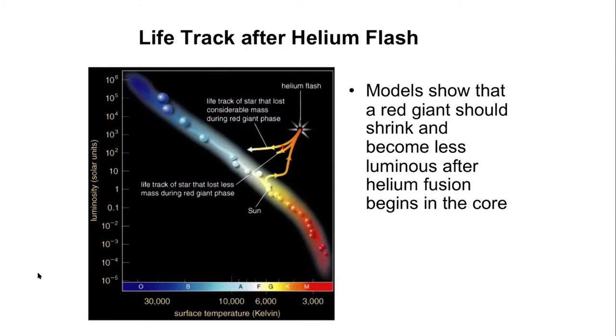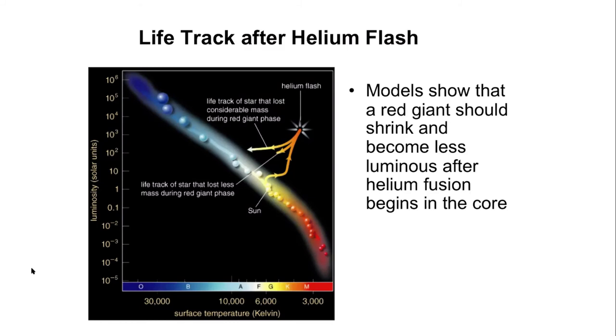Exactly where it moves down into the left will depend on a lot of things, like how much mass is lost in this process and how much heavy element is in the surface to lose that mass. It's a complicated process, but it will end up usually somewhere over here above where it started from on the main sequence, but significantly less luminous and hotter than it was at the tip of the red giant branch.